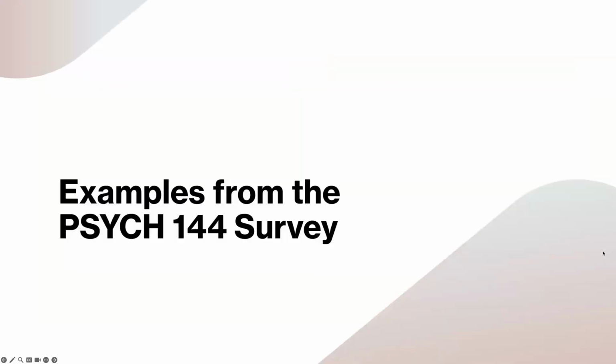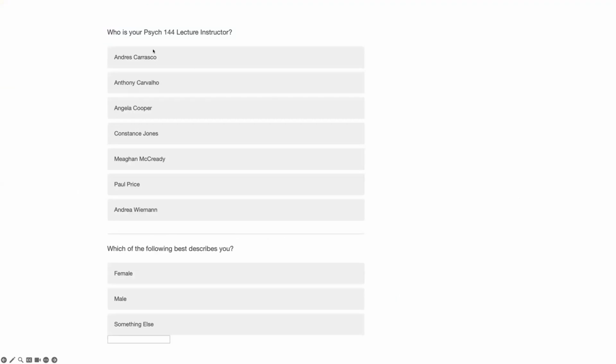So let's take a look at examples from the Psych 144 survey that you complete in the beginning of the semester. So here you can see who is your Psych 144 lecture instructor. So what you did do, you selected me as your instructor here. Actually, I don't get that information.